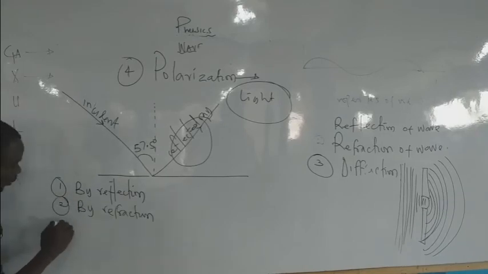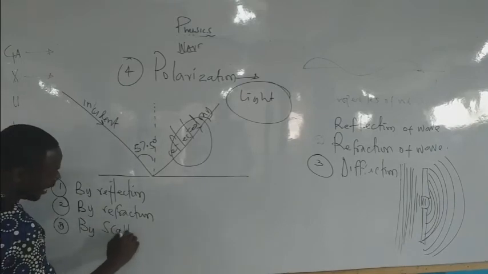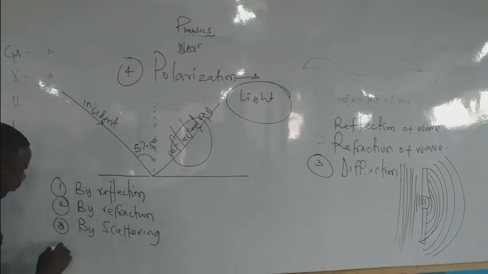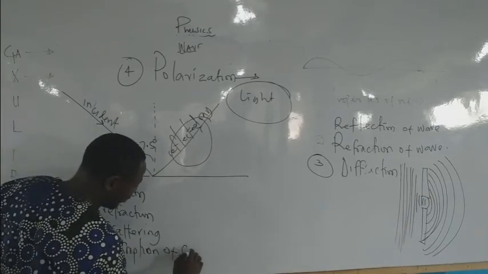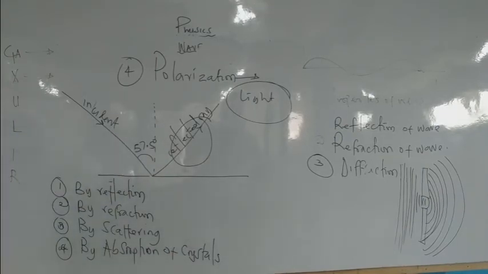Number three, by scattering. Number four, absorption of crystals. So these are the ways we can polarize light wave. We call it methods of polarization.